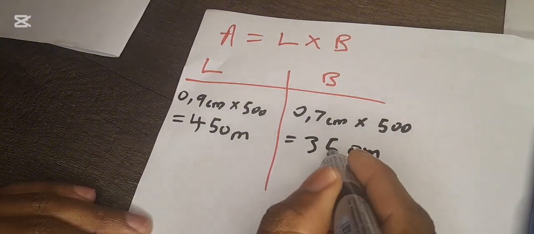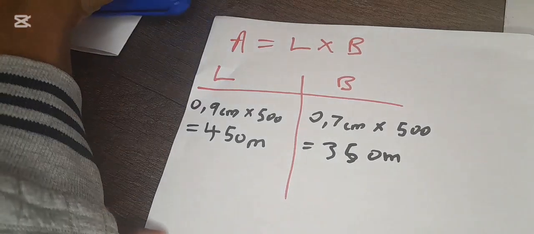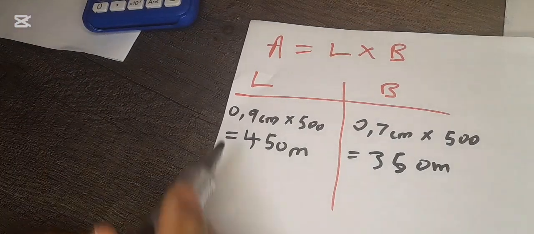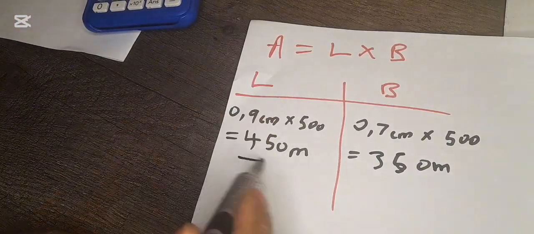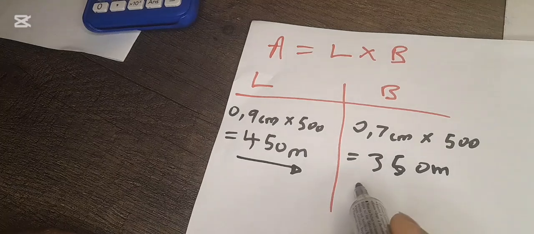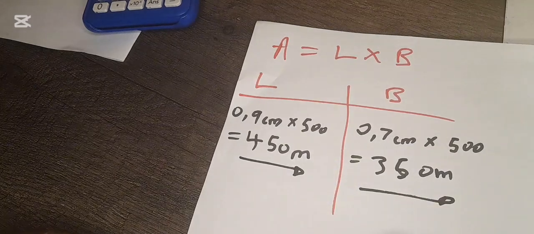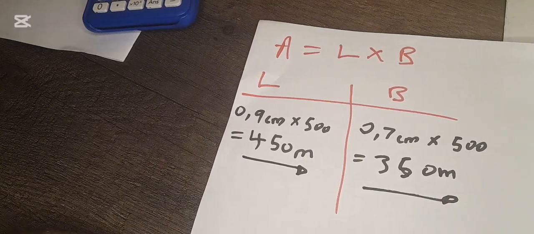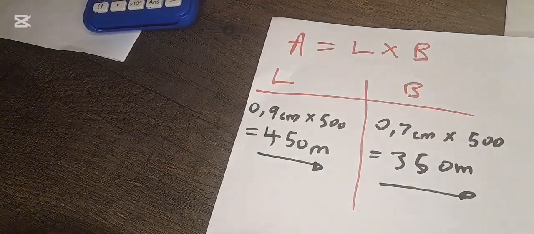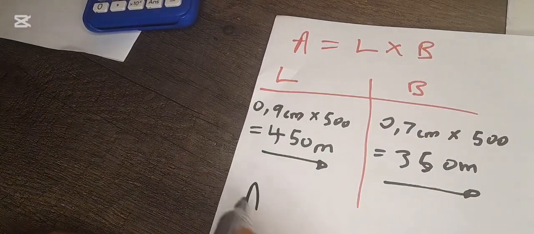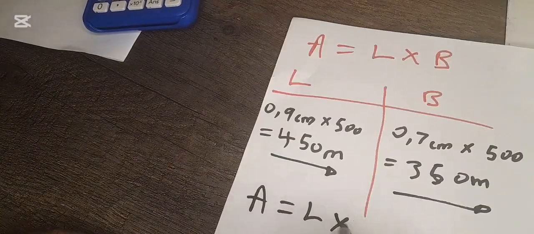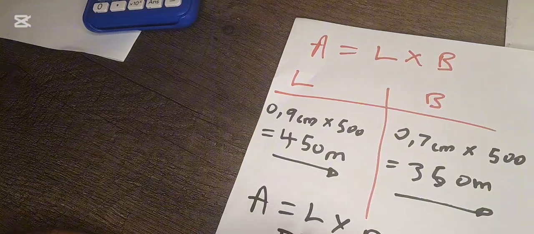I'm getting 350 meters. Since I'm getting 350, now I have the length, which is already converted into meters, and the breadth, which is already converted into meters. Am I done? No. I have to go back to the formula. What does the formula say? A equals length multiplied by breadth. How much is my length?